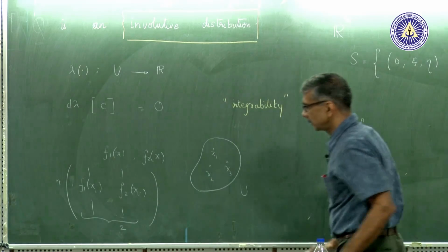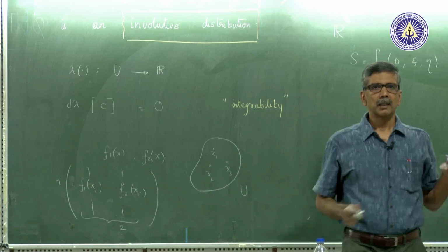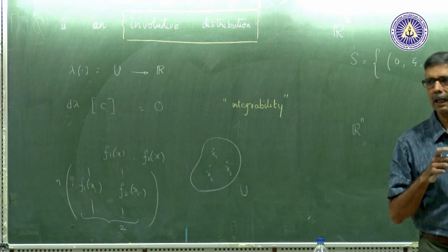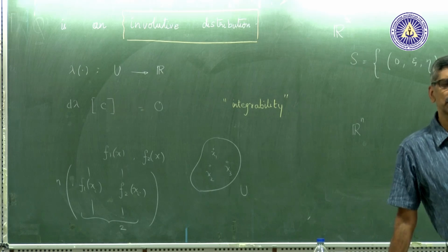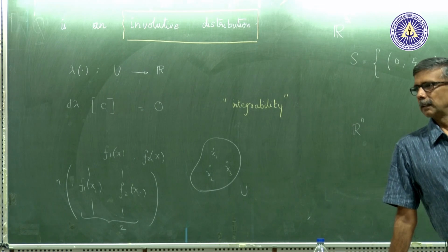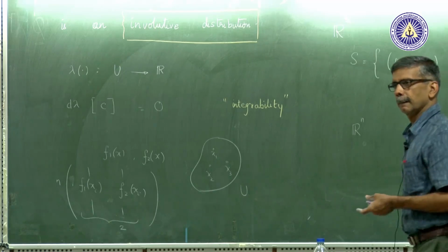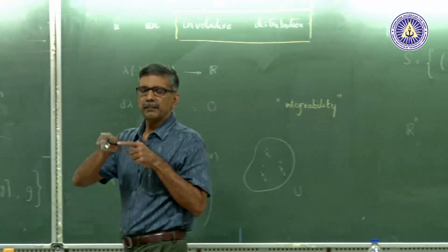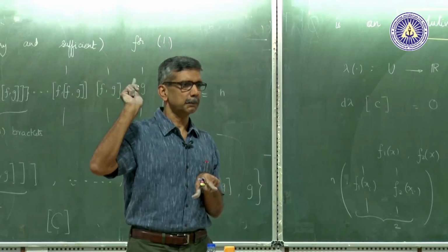Now this assignment of a subspace by vector fields constitutes a distribution of vector fields. So it is the notion of subspaces being extended to vector fields, because vector fields give you vectors at a particular point. Now these vectors can span a subspace.